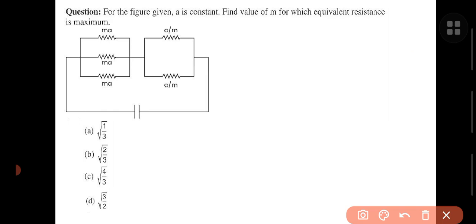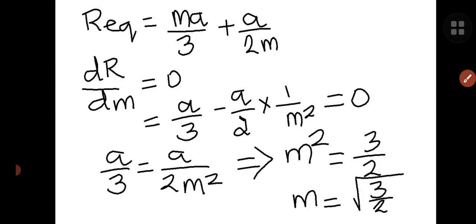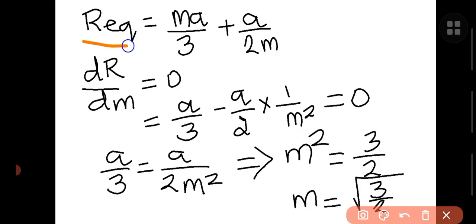Let's go for the solution. Four options are given here. R equivalent is equal to MA by 3 plus A by 2M. Differentiating this equivalent resistance with respect to M gives 0.